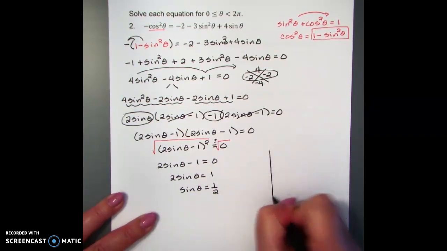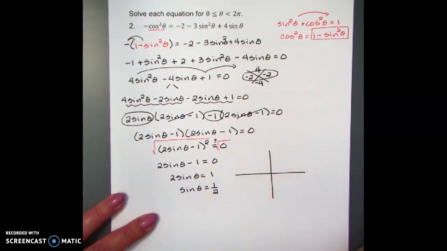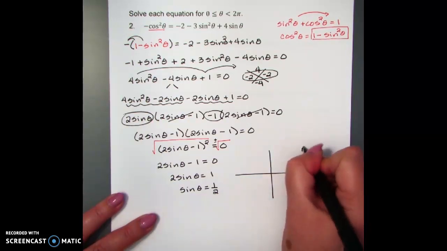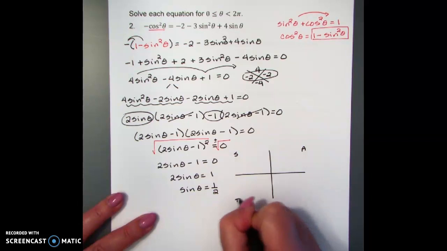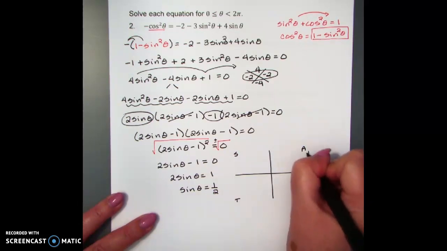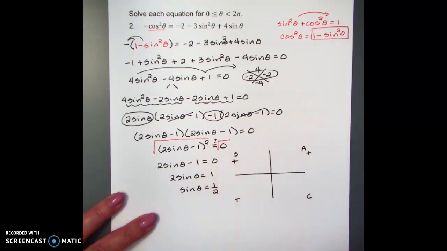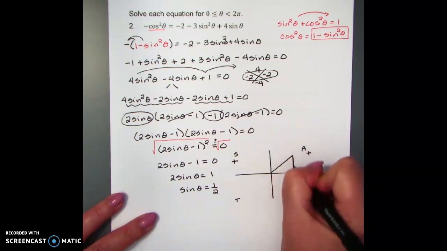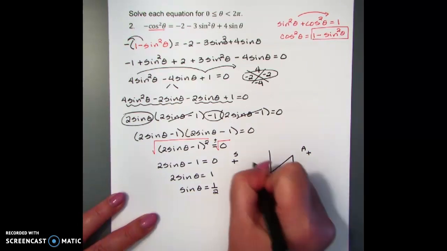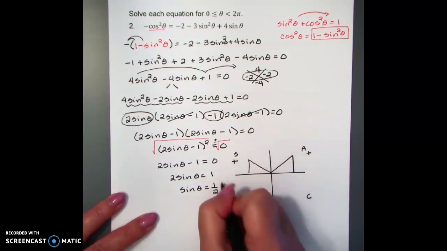So then we got to ask ourselves, where on the quadrants is sine of theta equal to a positive number? So we have all students take calculus, and so sine is positive above the x-axis because sine is represented by y, and y is positive above the x-axis. So I've got a triangle in quadrant 1 and a triangle in quadrant 4.